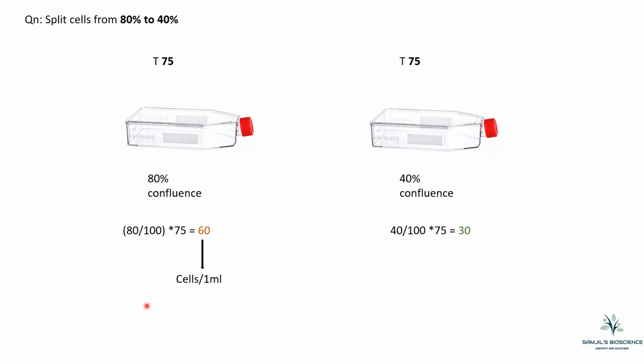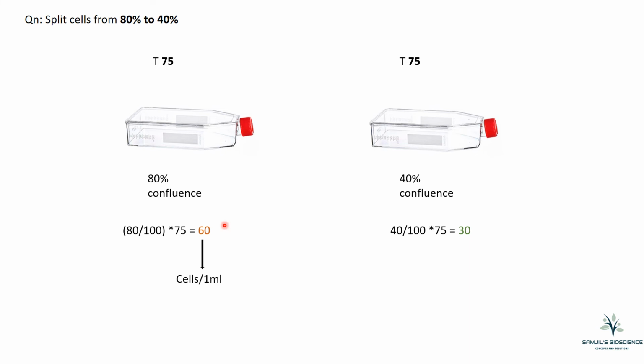Usually, as I already described the steps, you trypsinize the cells, you centrifuge, and then you have the pellet. So you have all the cells in one falcon tube, and then you remove the old media and add 1 ml of fresh media. Now all of the cells that were in your entire flask are in one vial, that is, the 60 area occupying cells are in 1 ml.